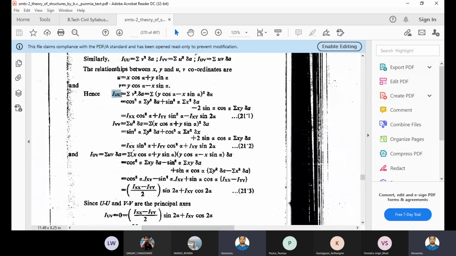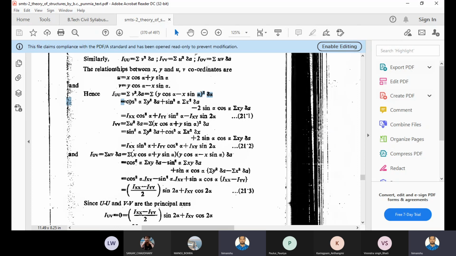So your Iuu will be the summation of v square into delta A. We put the values of u and v and expand this equation.